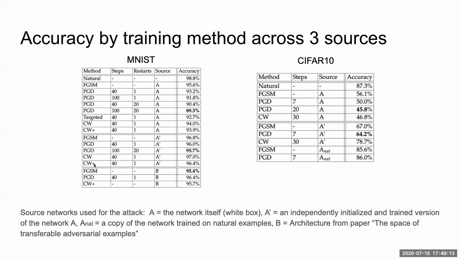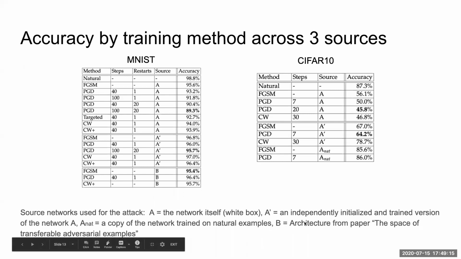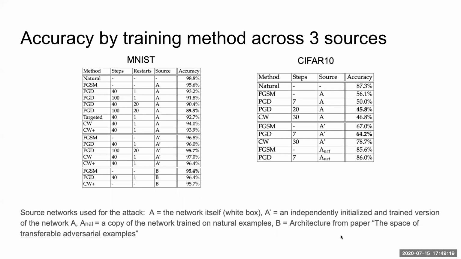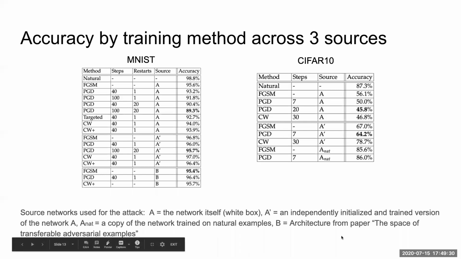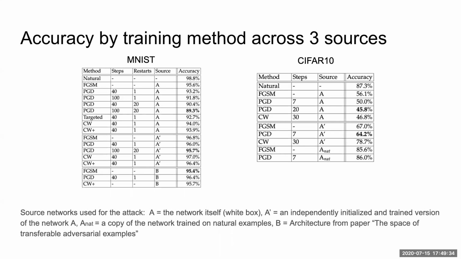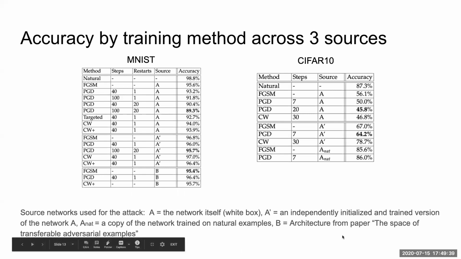And then the third one is from a paper, the space of transferable adversarial examples, which in essence lists several architectures used to initiate an adversarial attack against an original network.